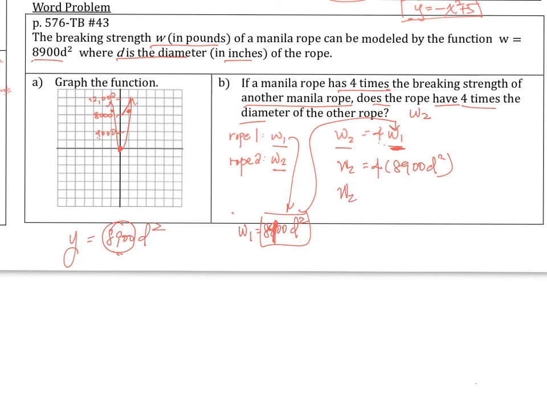Now, I'm going to move the 8,900 out and move the 4 in with the d squared. Back to chapter 7, power properties, the product of a power. So I can write 4 as 2 squared, and then I can rewrite this as 8,900 times (2d) squared. Now we can stop here and analyze this a little bit. Remember d stands for the diameter.